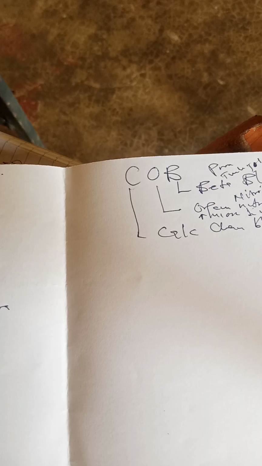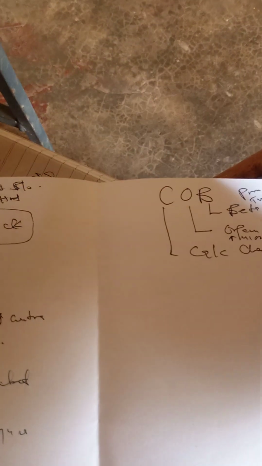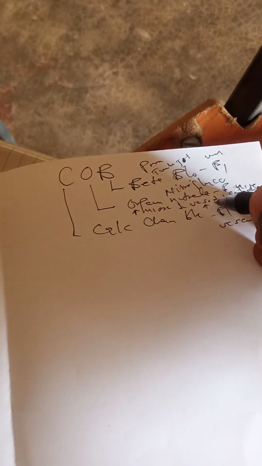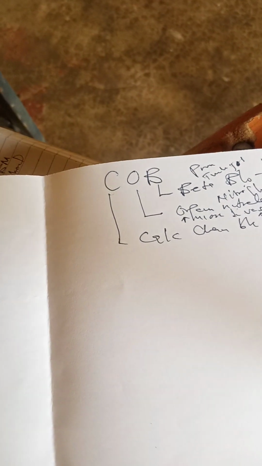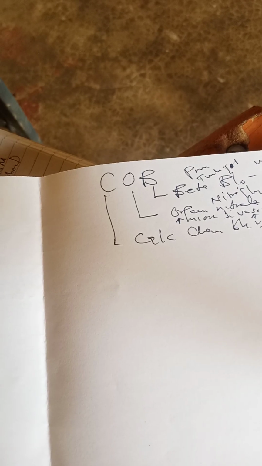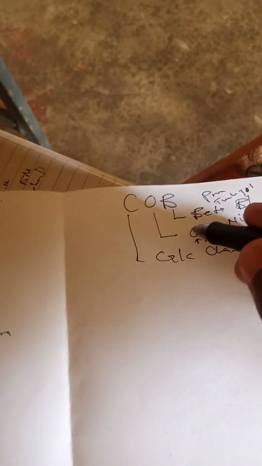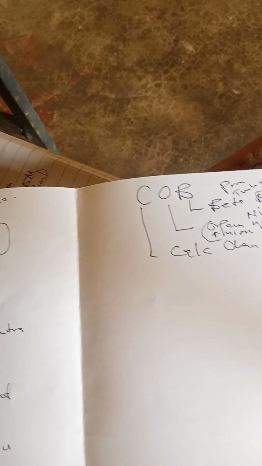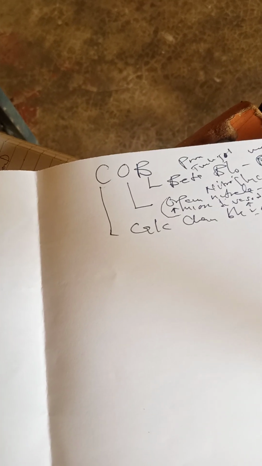Those are the drugs we're having in there. These drugs increase supply by causing vasodilation, while reducing demand by reducing the afterload and preload. So these drugs are a cornerstone in the treatment of angina.